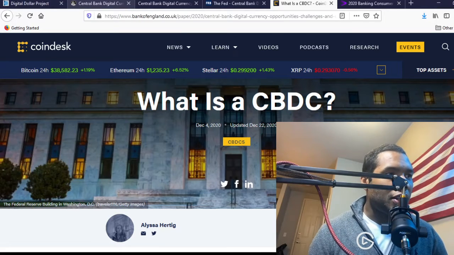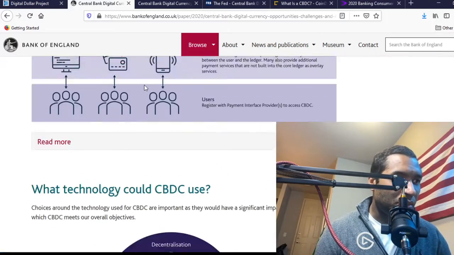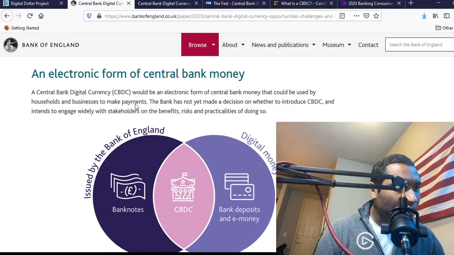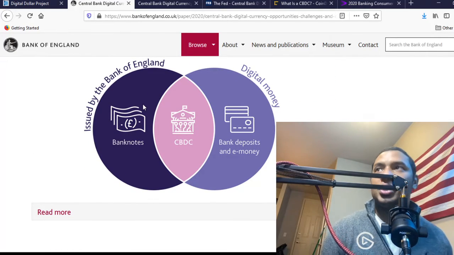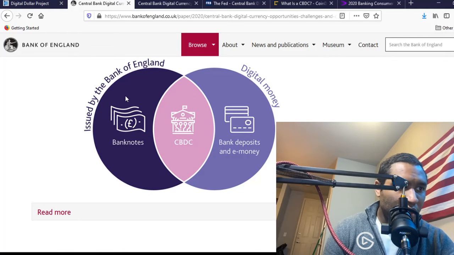If we look here at the Bank of England, it shows how they will digitize their currency and how it will be directly from their central bank, so issued by the Bank of England, banknotes, digital money.